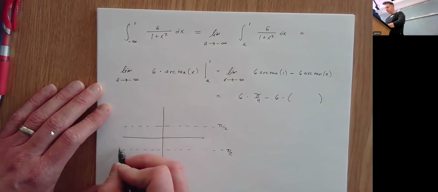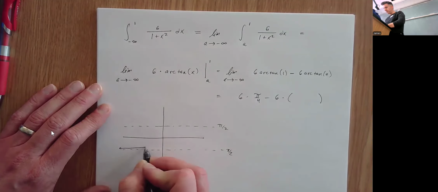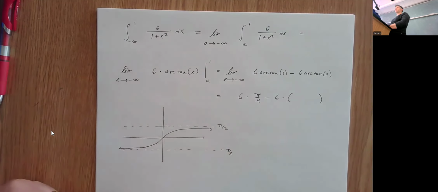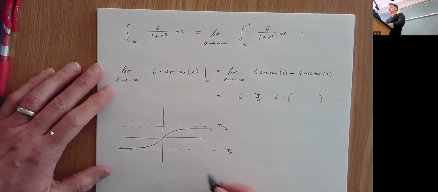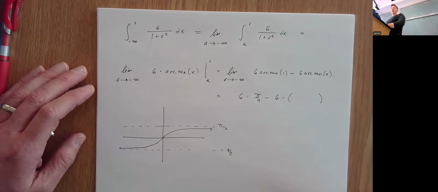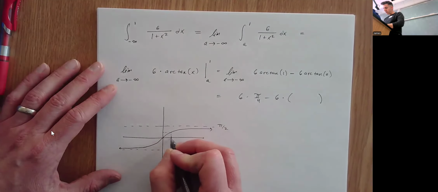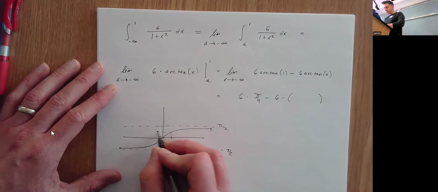And then arctangent looks like this. So instead of getting the point pi over 4 comma 1 like you would in the tangent graph, if you plug in 1, you get out pi over 4.